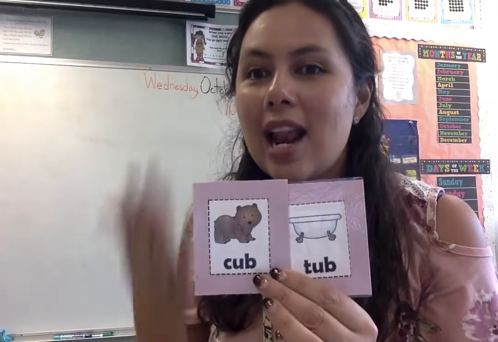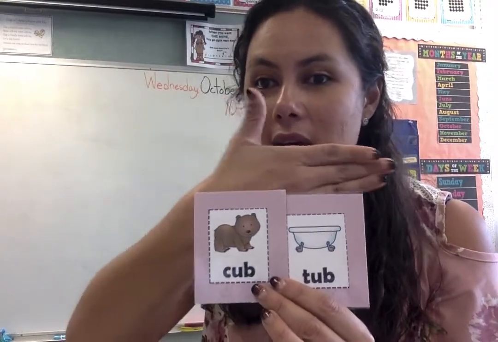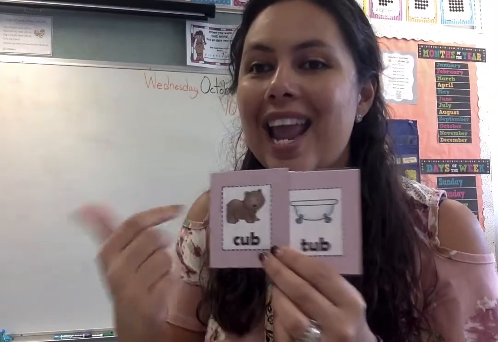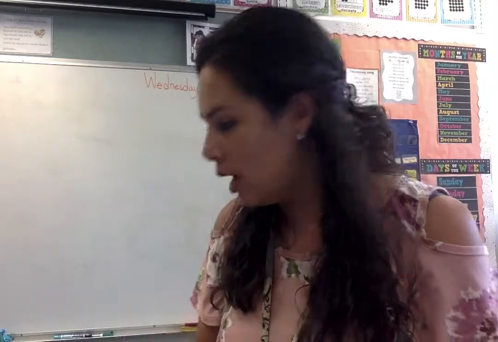They rhyme. And if you look closely, the only thing that changes is that initial sound, the onset sound, right? Cub, tub. The onset, the very first sound, is the only one that changes. And in this case, these two rhyme.